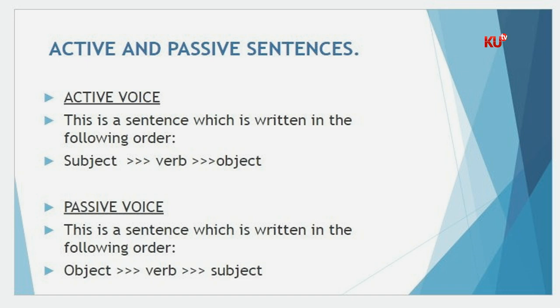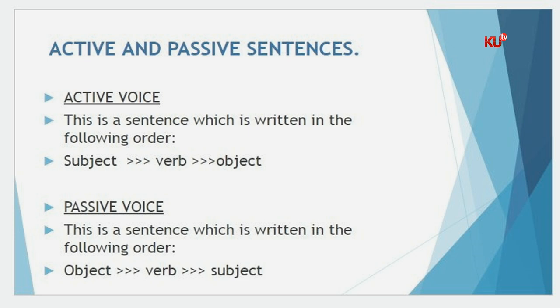So we can check on the screen as we see the order. An active sentence is a sentence which is written with the order subject, followed by verb, and finally object. Then under passive voice, as I said, the order should be object, followed by verb, then subject.